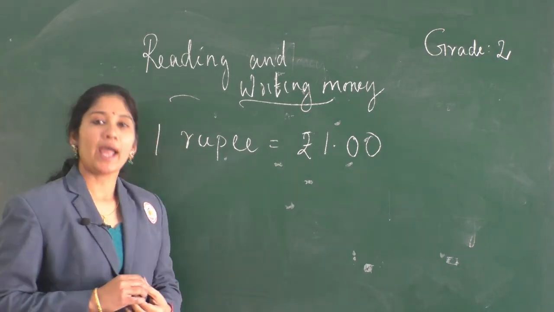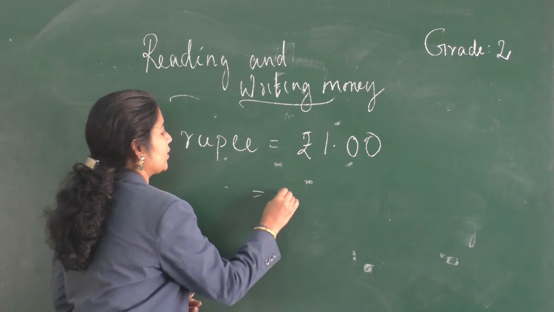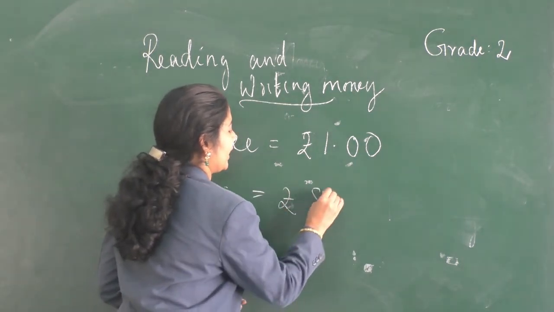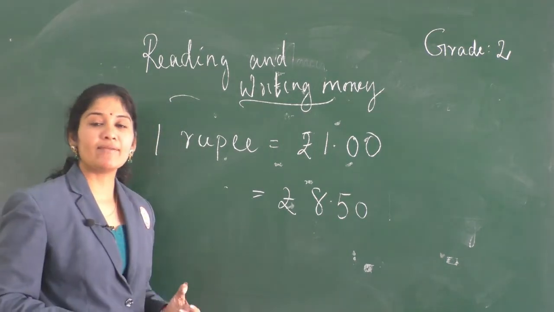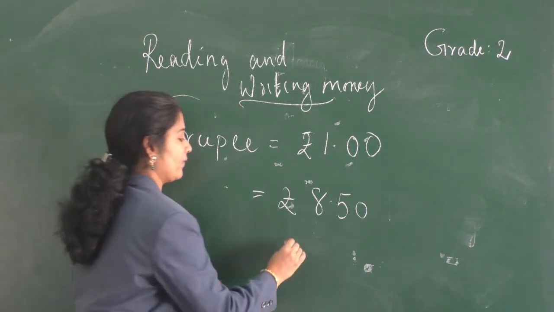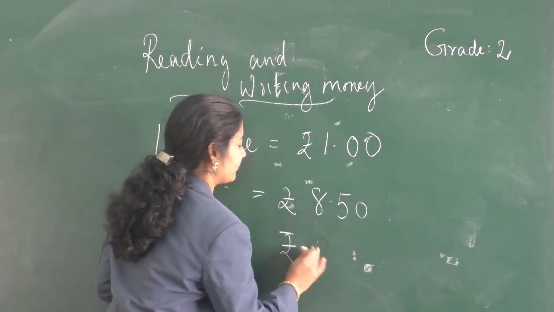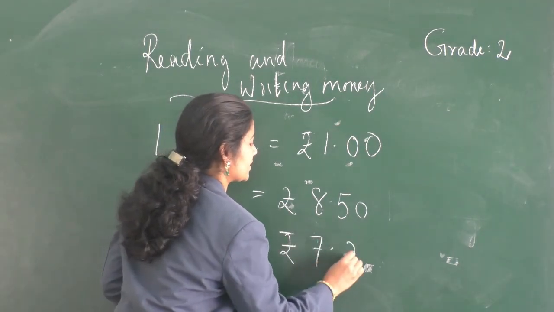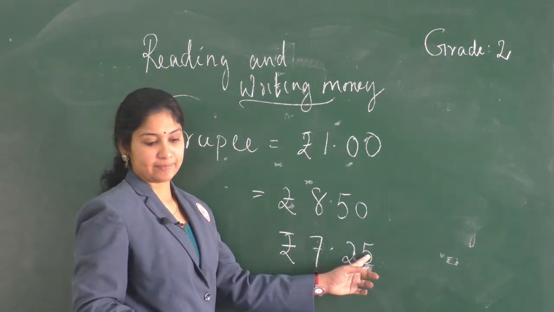For example, 8 rupees 50 paise, you can write rupees 8.50. Another example, 7 rupees 25 paise, we can write as rupees 7.25. And we do not write paise.